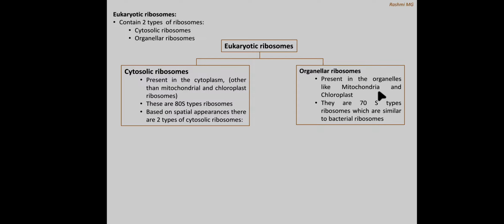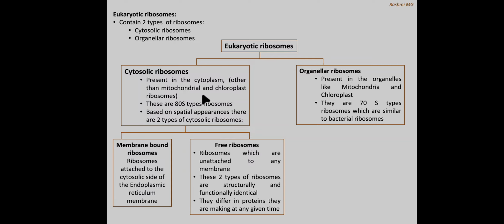Mitochondria has its own protein synthesis machinery, and chloroplast also has its own, where the ribosomes are present. Cytosolic ribosomes are present in the cytosol and are of 80S type. The organellar ribosomes are of 70S type. Okay.